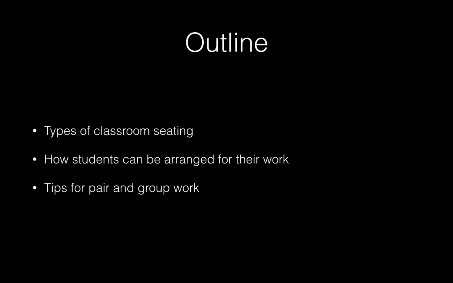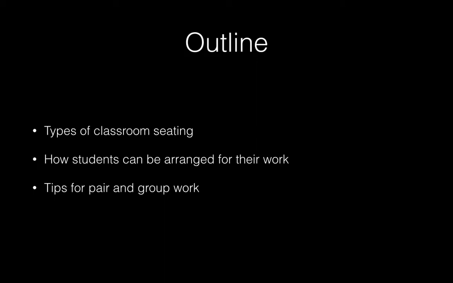Now, before we go into there, let's recapitulate about the types of classroom seating we can have in a classroom setting. Okay? There is different classroom seating. So, recapitulate. Seating.